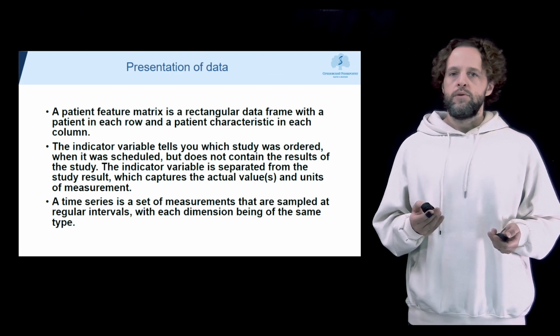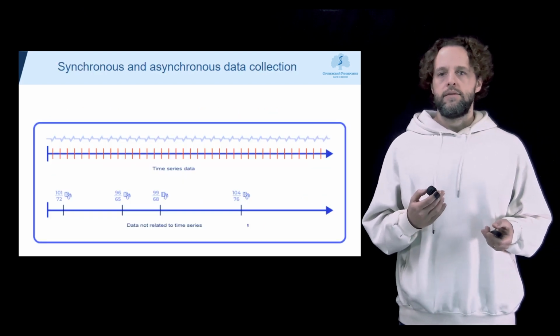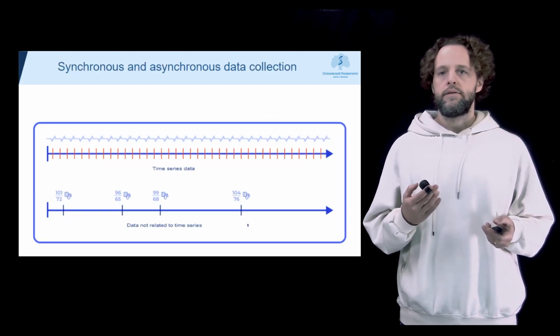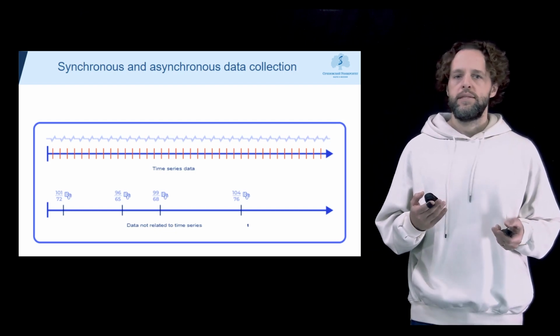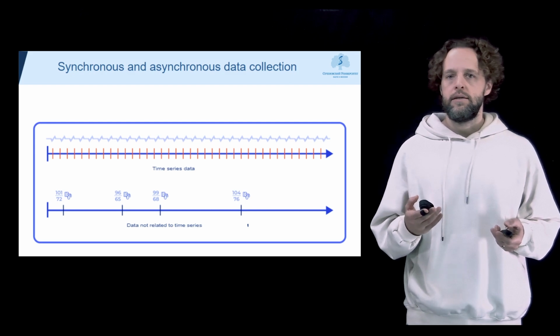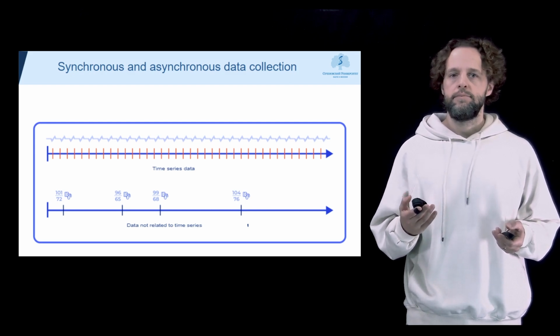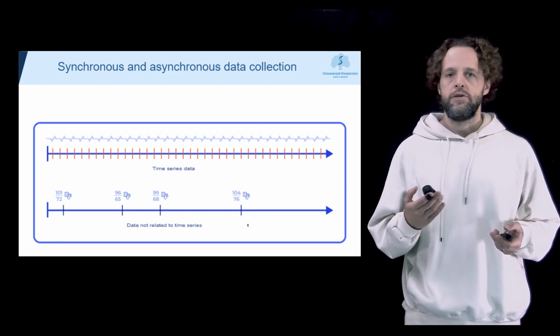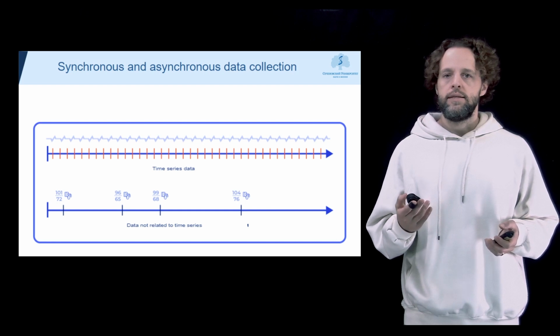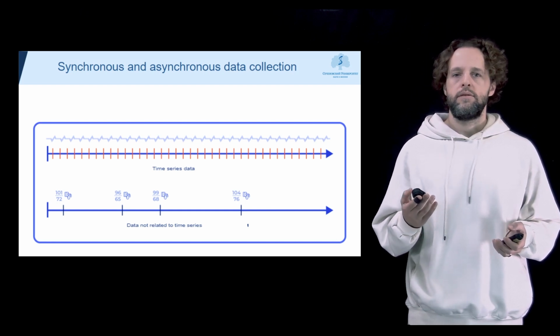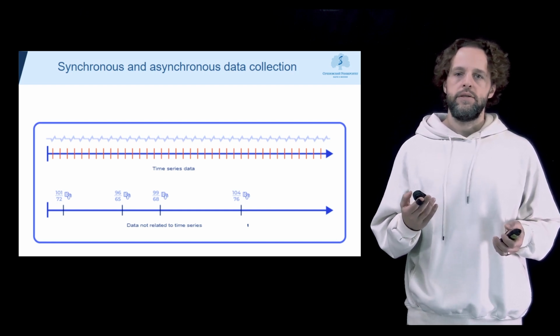However, it's important to understand that the most significant and critical area of care in which time series data and related analysis methods are being applied is the intensive care unit. It's quite obvious that the patient in the intensive care unit is usually in a serious condition.